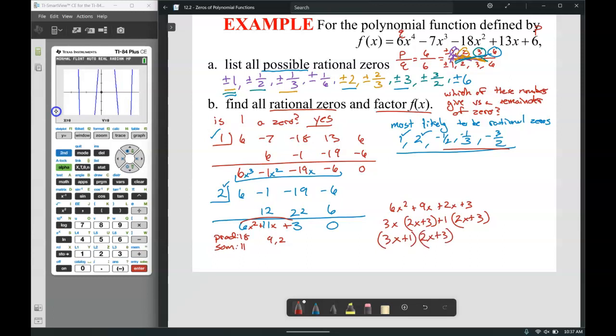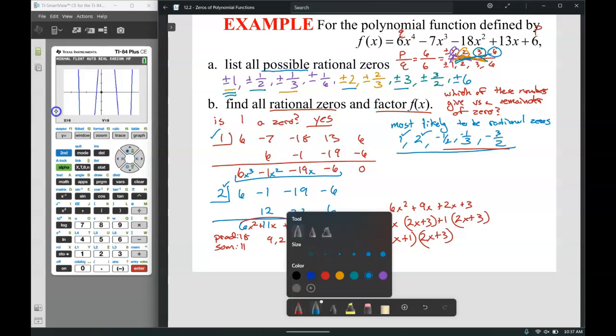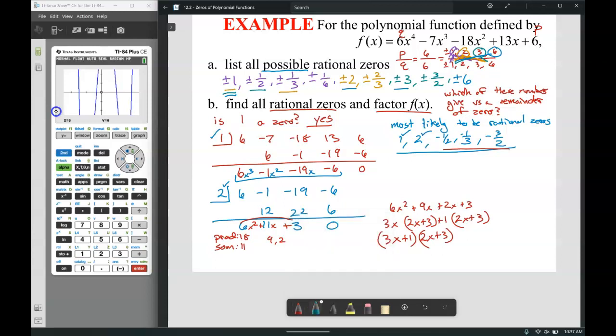So we've got a little mix of everything here, so we need to make sure that we're getting all of the right stuff. So these are factors right here. Now, we have to have the number of factors equal to the degree of the polynomial. And since it's a fourth degree polynomial, we have to have 4 factors. So here's our first 2. Our second 2 factors are going to come from the zeros.